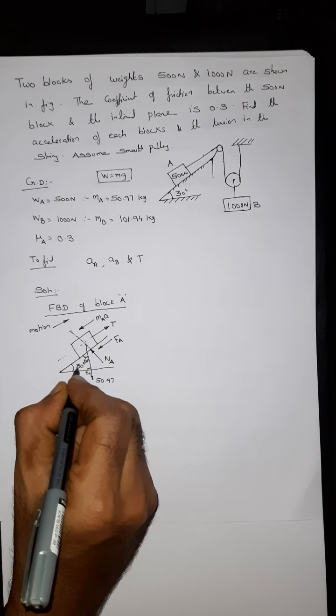If this is 60, then this is also 60 because it's a parallel line. So this angle and this angle should be the same. And the weight can be resolved, with the x-axis horizontal, as 50.97 cos 60, and the vertical component as 50.97 sin 60.